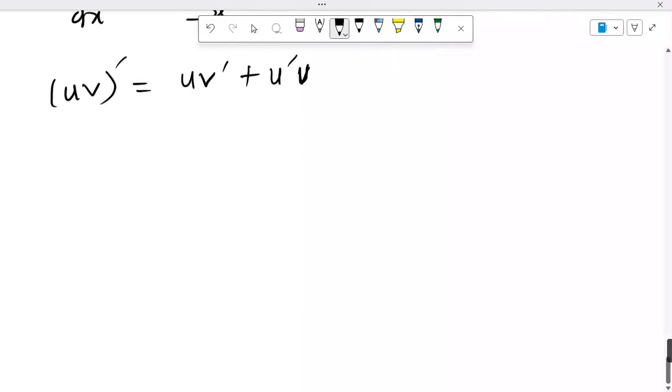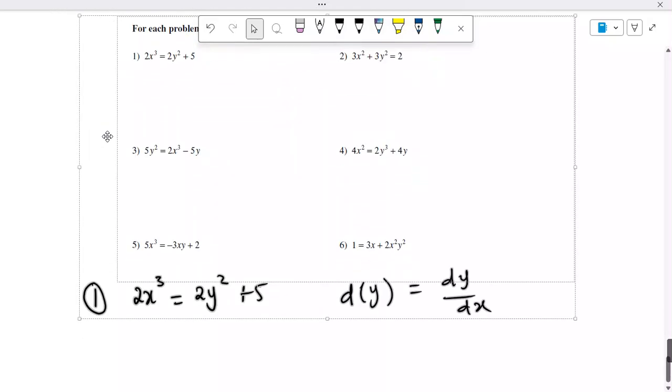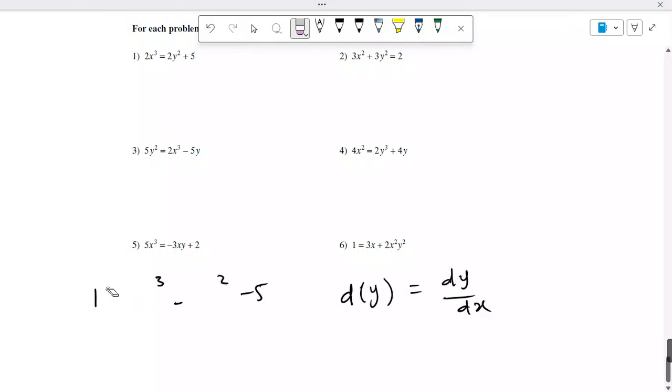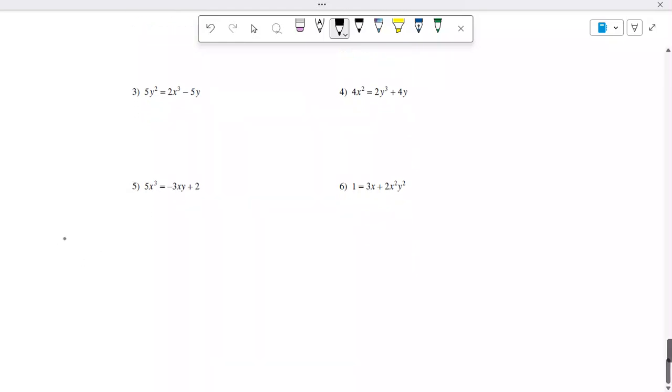Okay, so let's solve the last part, question 6. Number 6 also, y and x are multiplying, so we'll use the product rule again.